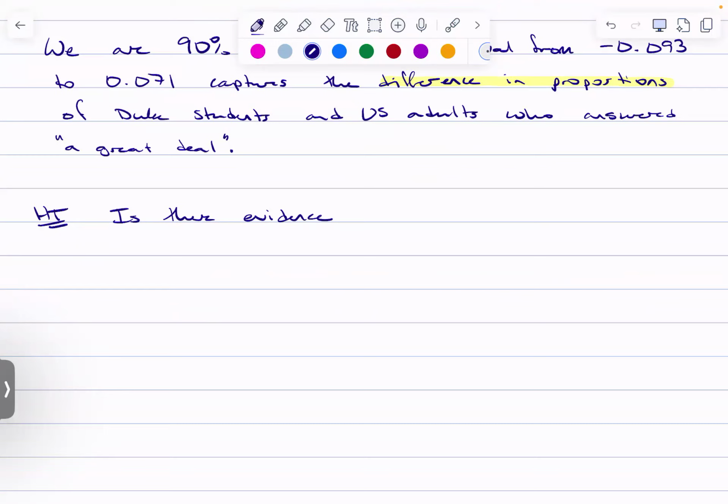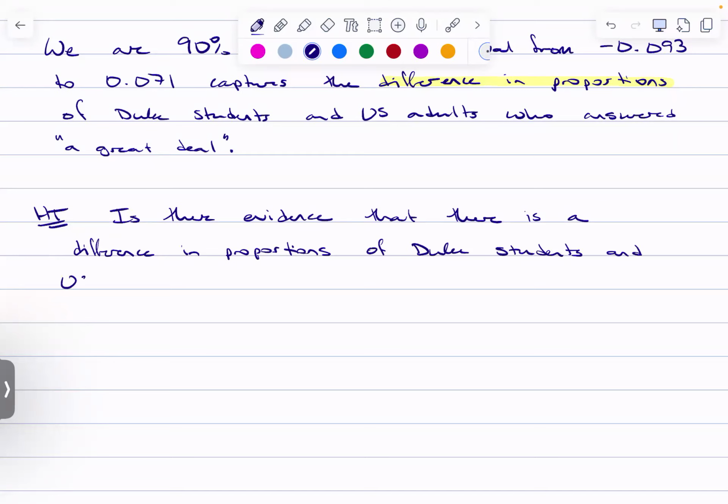Is there evidence that there is a difference in proportions of Duke students and US adults who answered a great deal?